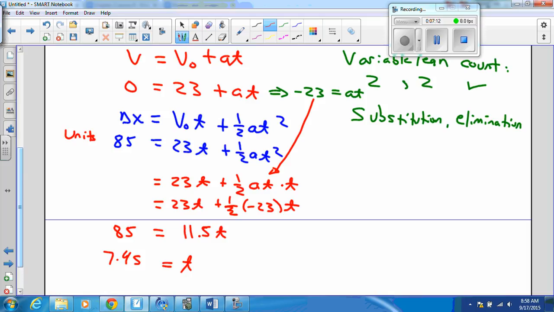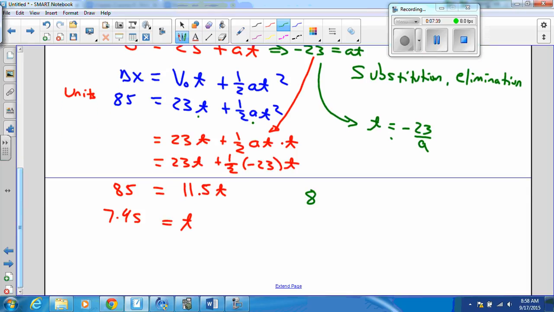Okay. Now this is not the only way I can substitute. So for example, if I didn't see to do this, which was a little bit clever, wasn't it? Then I could also have done t equals negative 23 over a. That's what we were really looking for, was the divided by a. And now I can substitute my t equals negative 23 over a into here. And the advantage of that is that I get an equation that involves a, which is what I was looking for.